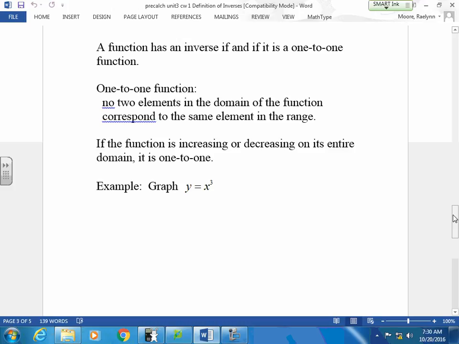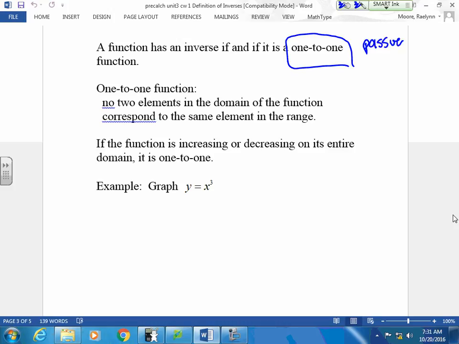We just talked a little bit about this before. A function has an inverse, has a true inverse. Everybody has a reflection over the line y equals x. But for it to be an inverse, your original function has to be 1 to 1. How do I check my original function for 1 to 1? It has to pass what?